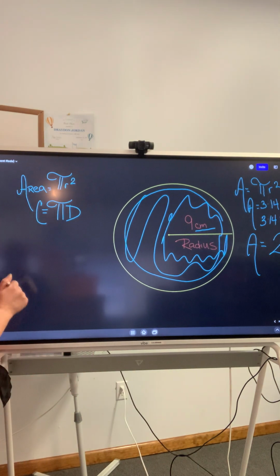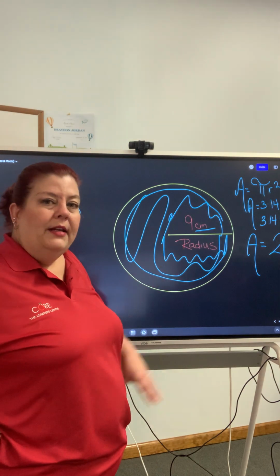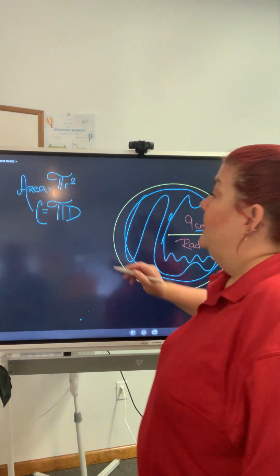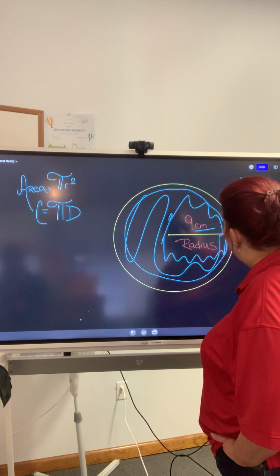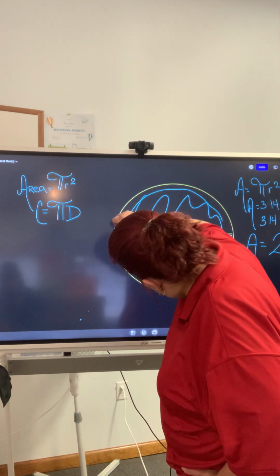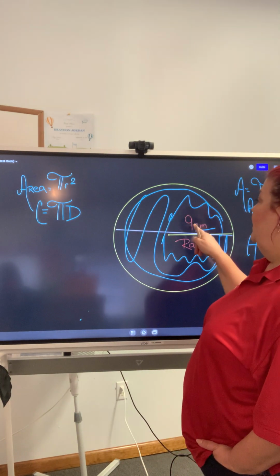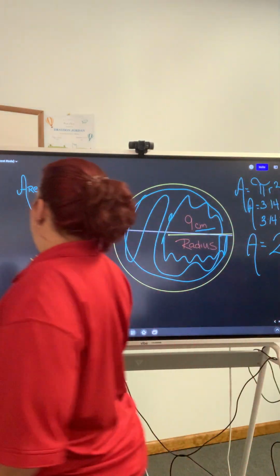Let's do our circumference now. So we said circumference equals pi times diameter. But I don't have the diameter here. I only have the radius. So how do I figure that out? Well, we said before that the whole line across is 2 times the radius. So 9 times 2 is 18.